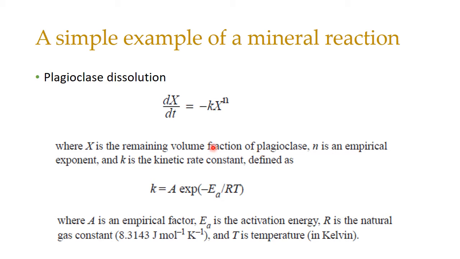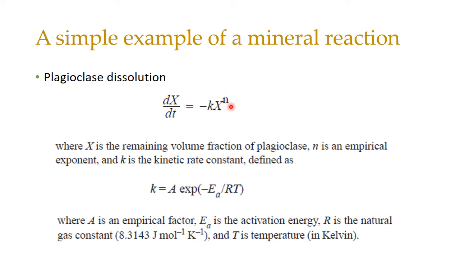And it equals minus K, which is the kinetic rate constant, times how much plagioclase there currently is. Because if there's a lot of plagioclase, there's a lot that can react. And if there's very little plagioclase, you just can't change the fraction of plagioclase very much, right? And N is an empirical constant.